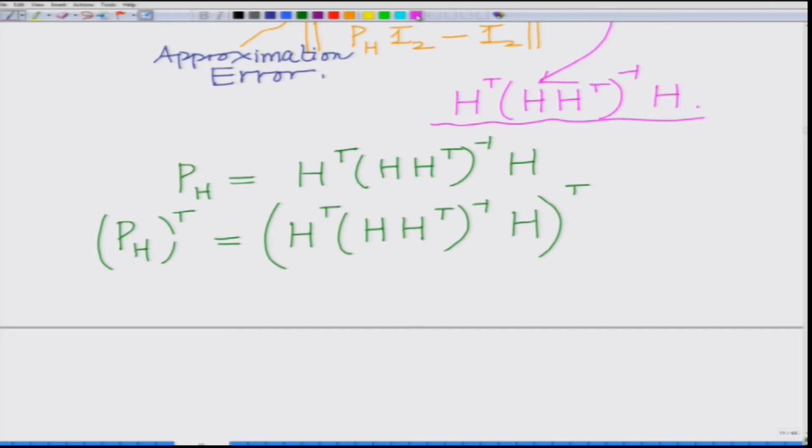Now, similar to previously, we have the result that if I have 3 matrices A, B, C, the transpose of the product is C transpose B transpose times A transpose.